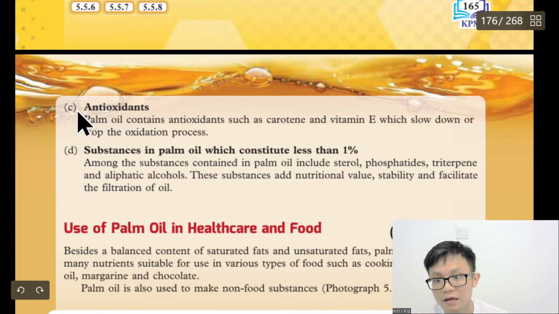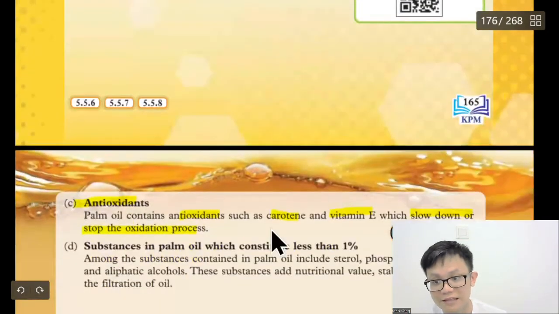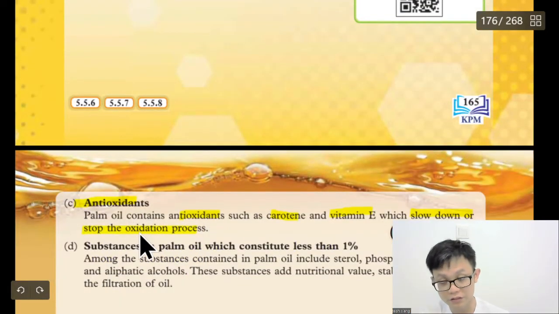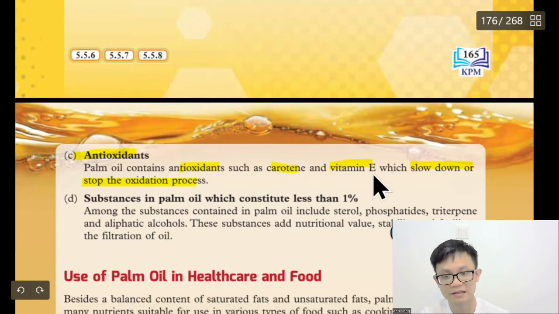Antioxidant. Palm oil contains antioxidants such as protein and vitamin E, which slow down or stop the oxidation process. So at the same time, it states that palm oil is good because it has antioxidant, got vitamin E, and slows down the oxidation process.